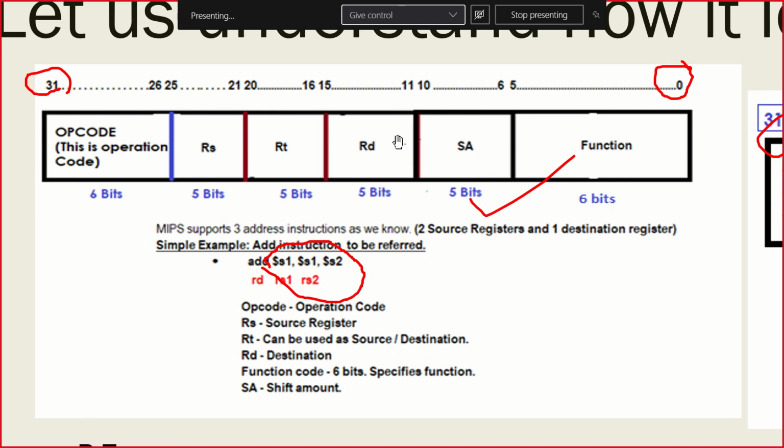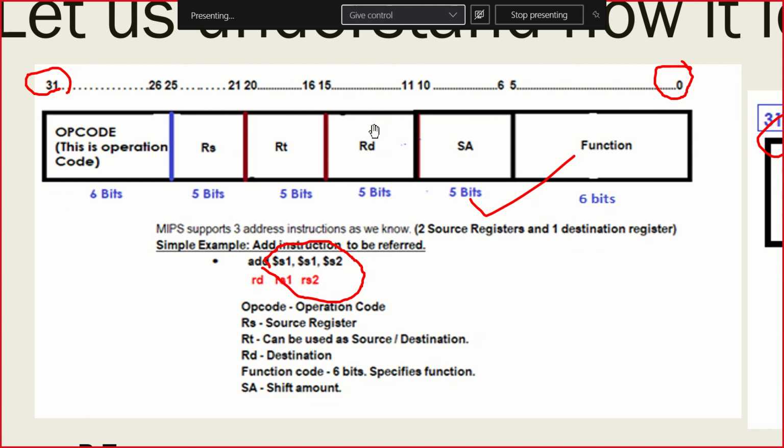And this has to be the sequence followed for the registers. You cannot change it. The first one is RD, second one is RT, third one is RS. RD is the destination register, RT is the source register, RS is the other source register. RT can serve as a destination also, but predominantly we will use it as only a source register in R type instructions.